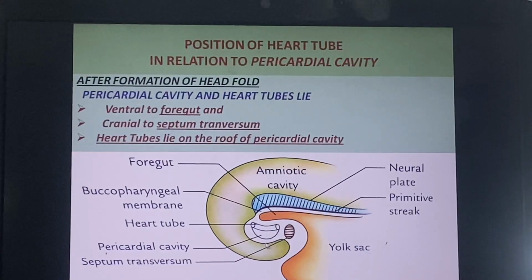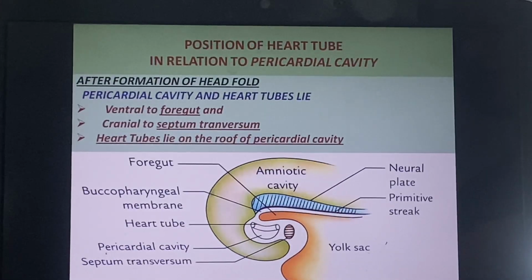In relation to these three structures, it is lying ventral to the foregut, cranial to the septum transversum, and in the roof of the pericardial cavity. So these are the three major changes that happen when the head fold is formed and the 180-degree rotation happens.